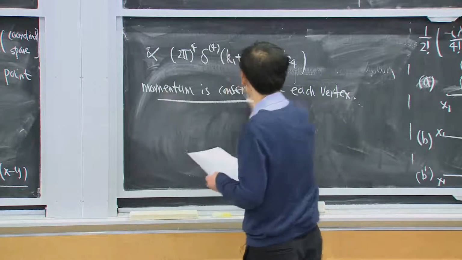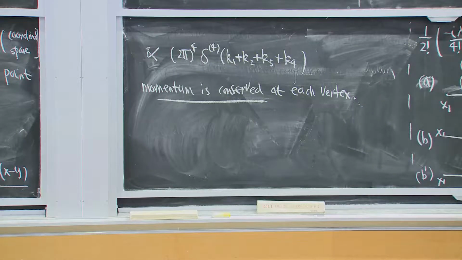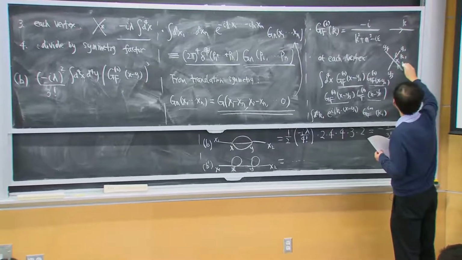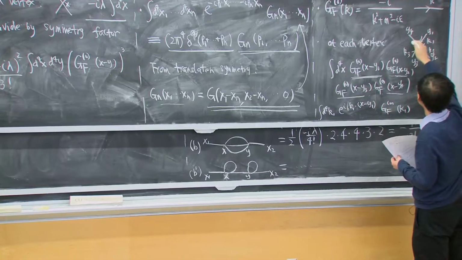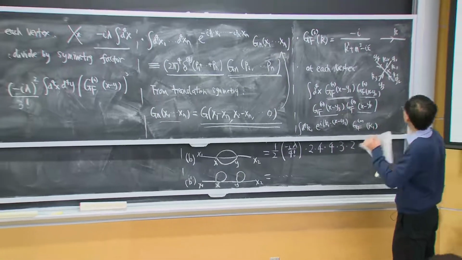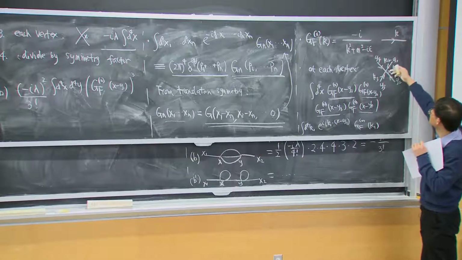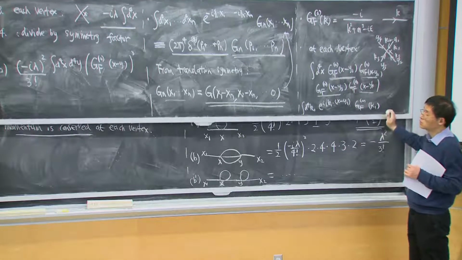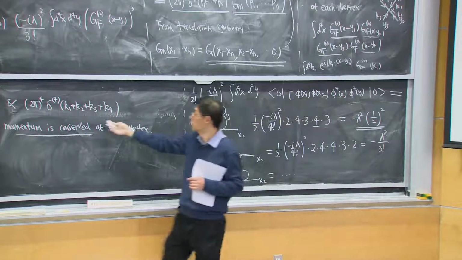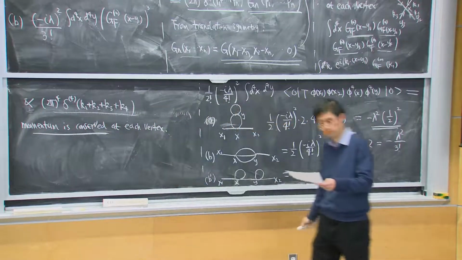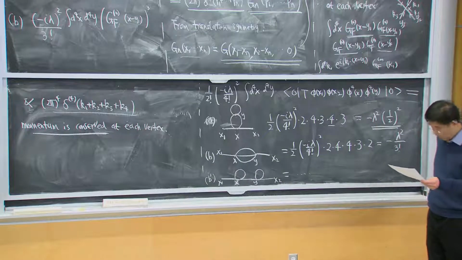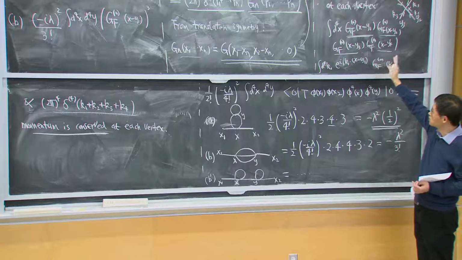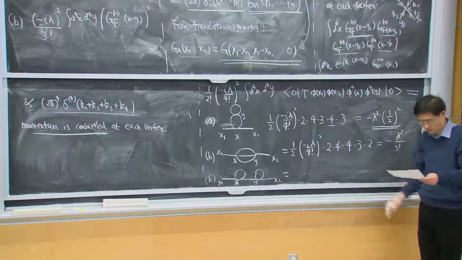If I draw, say, k1 here, k2, k3, I use the same convention for all of them. It doesn't matter whether you draw it outgoing or ingoing, but we draw the same convention for all of them, and then they should be proportional to a factor of this delta function. And here it doesn't matter what y1, y2, y3, y4 are. They can either be some external point or some other internal point.